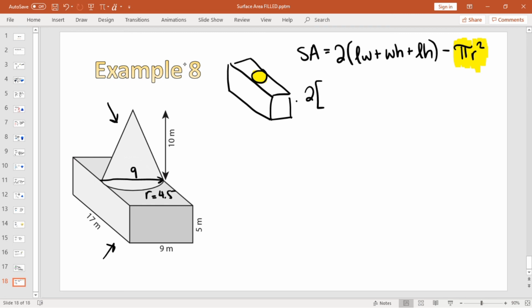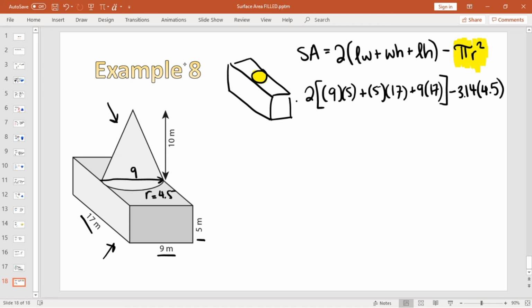trying to make sure I have enough room. My dimensions that go into the rectangular prism are the 9, the 5, and the 17. So 9 times 5 plus 5 times 17 plus 9 times 17, and I have to subtract 3.14 times 4.5, half that 9, squared.